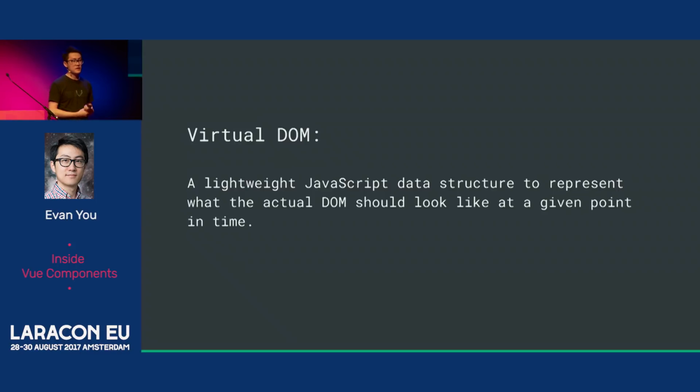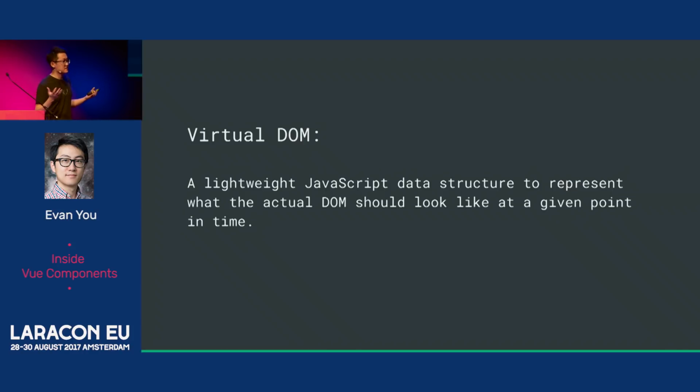A virtual DOM is a lightweight JavaScript data structure to represent what the actual DOM should look like at a given point in time. This might start to sound super abstract, but bear with me. We have the real DOM structure. You can have a div, h1, nested p's, and spans, and think about them as nested JavaScript objects.